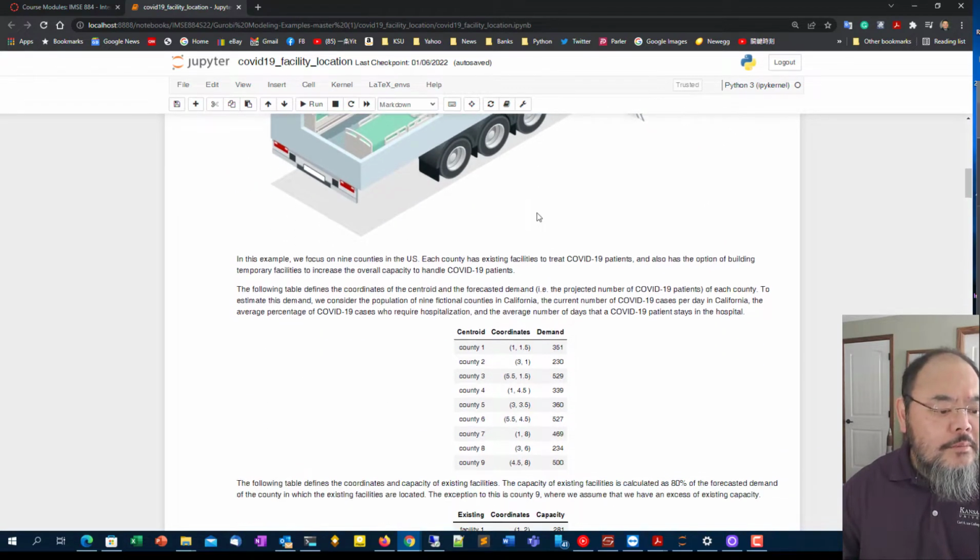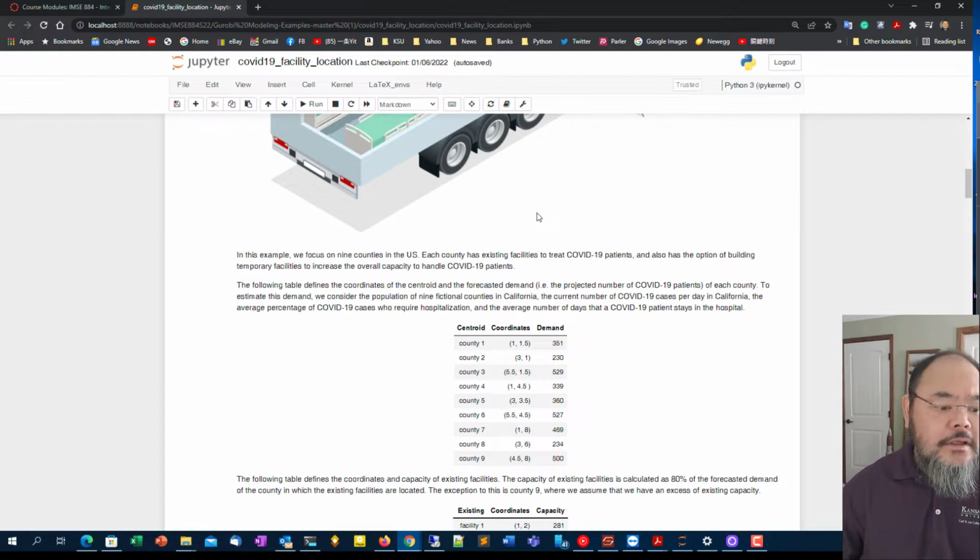In this example, we focus on 9 counties in California. Each county has existing facilities to treat COVID patients already, and also has the option to build a temporary facility to increase the overall capacity for handling COVID patients.